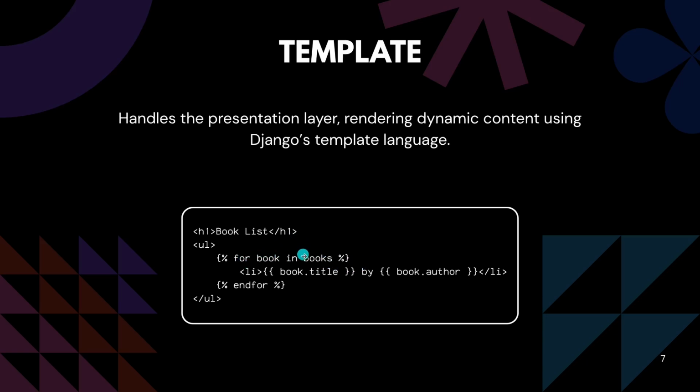For book in books, this books variable is passed from the view function to the template. And we are looping through all the books in this variable and printing out its title, then this word by, and finally printing the author of the book. And here the loop ends.